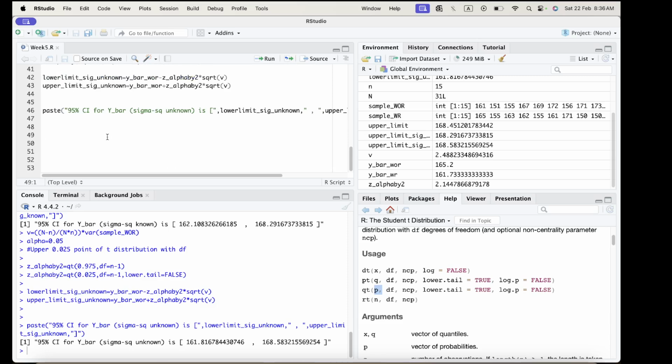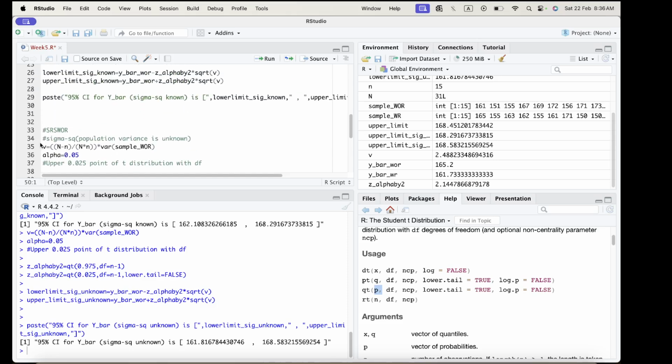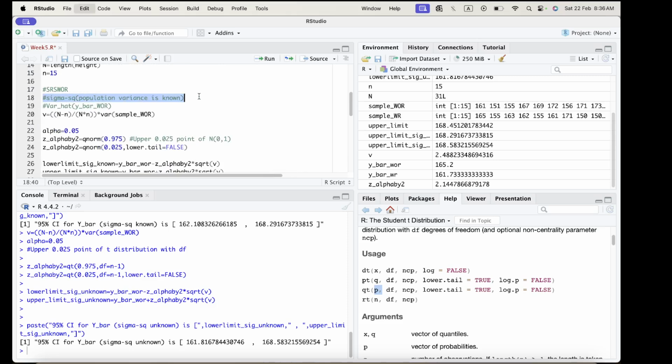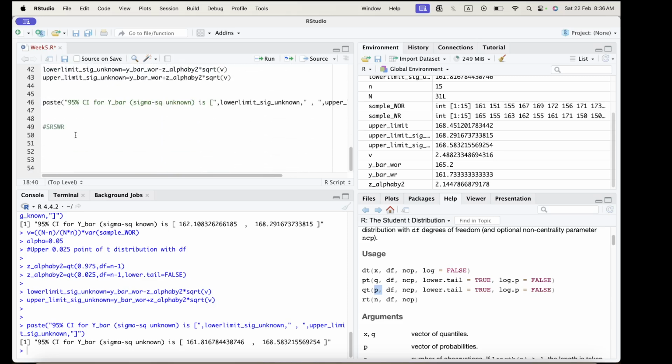Now what happens if I perform an SRSWR and the conditions remain the same: sigma square is known.